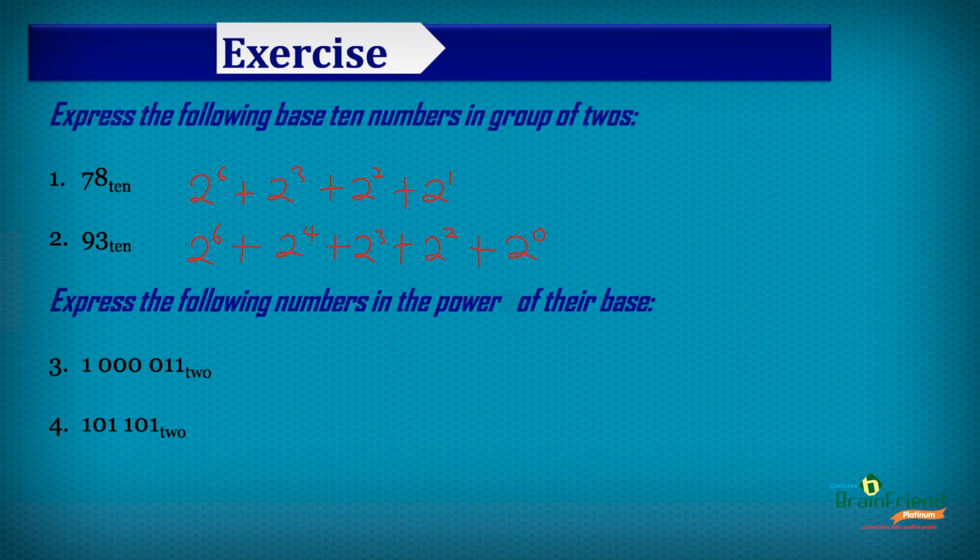Question 3, we have 100001 base 2. To do that, we start by 1 multiplied by 2 plus 0 multiplied by 2 plus 0 multiplied by 2 plus 0 multiplied by 2 plus 0 multiplied by 2 plus 1 multiplied by 2 plus 1 multiplied by 2.